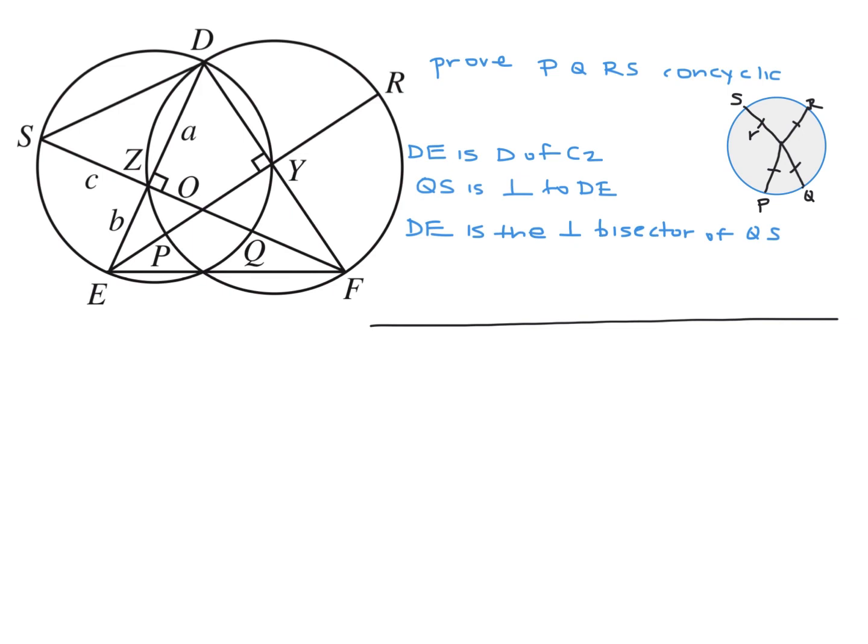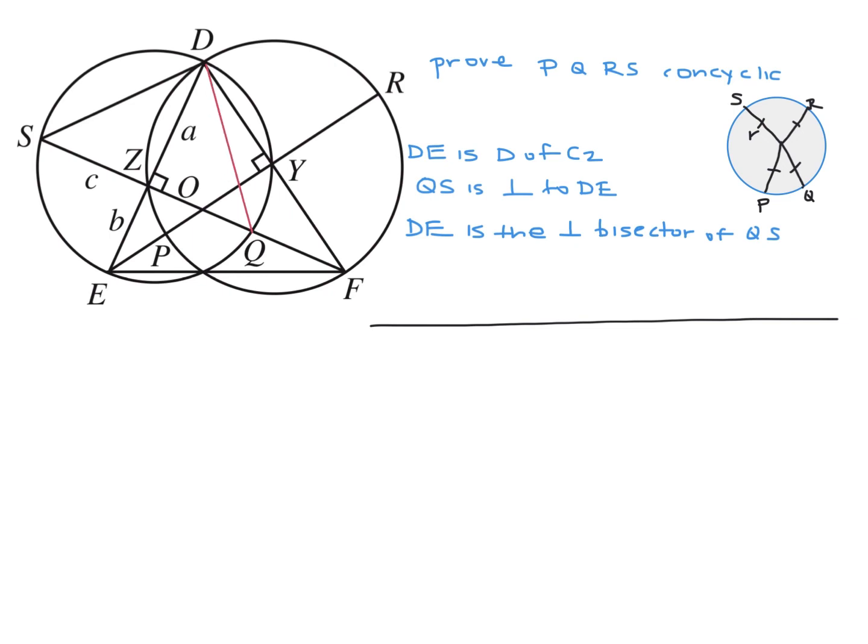And in this case, the line we're talking about is QS. Now, if I connect a line from D to Q, so I'll put it in red here, D to Q, like this.